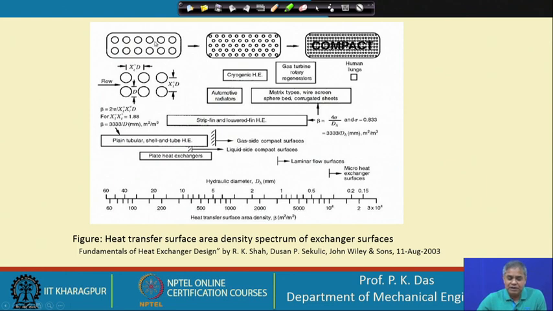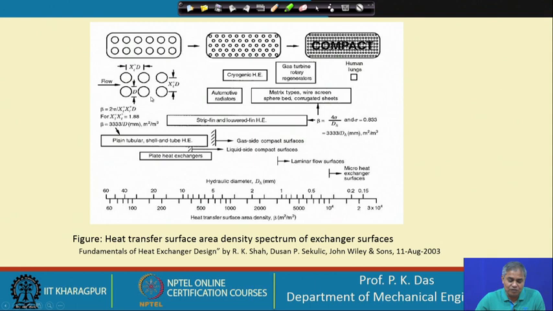Now, keeping the geometrical construct the same, what can we do? We can increase the number of tubes to a very large extent by reducing their diameter, and a further increase in the number of tubes can be shown here. As we go from the left hand side to the right hand side, we are increasing compactness.